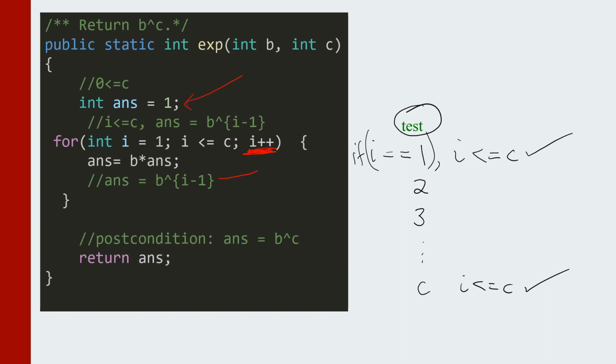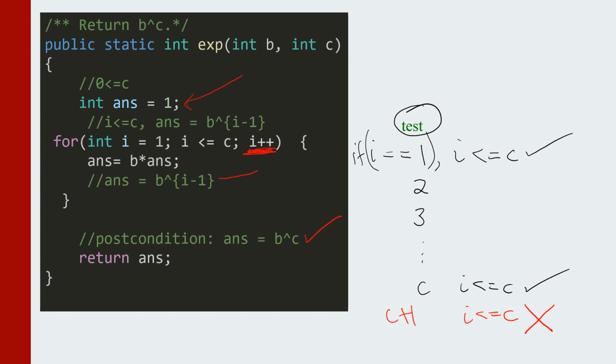And at the very end, it's going to actually be the case that i is going to be equal to c plus 1. That is where the loop guard fails, and i is not less than or equal to c. So in this case, you don't enter the loop, but the loop invariant is still true. And in fact, I can conclude that ans is equal to b to the c.